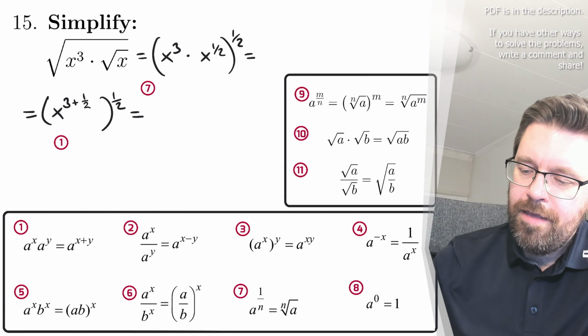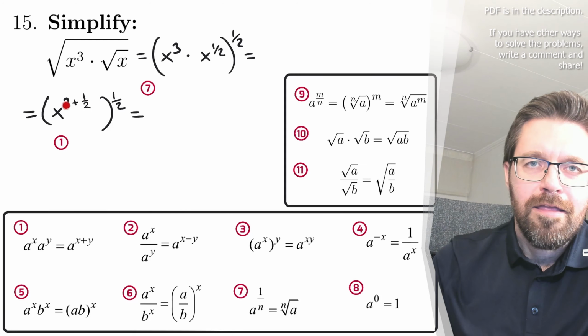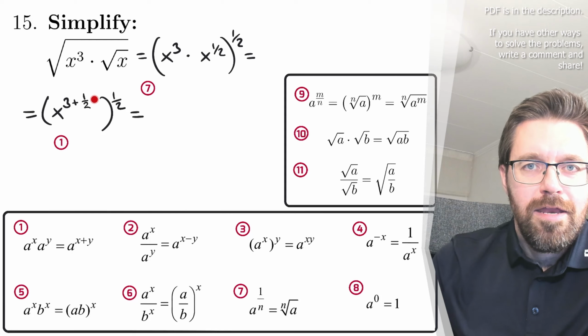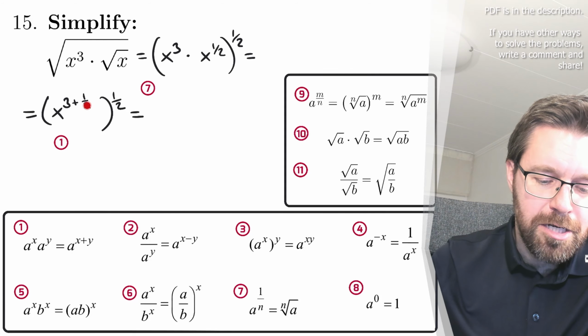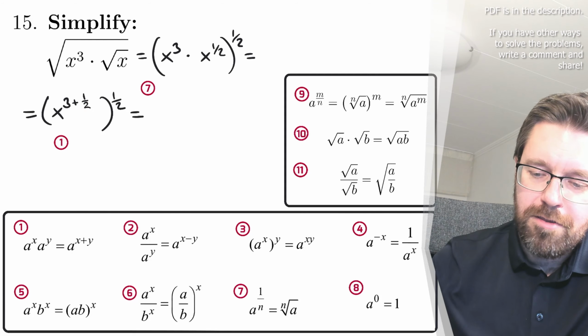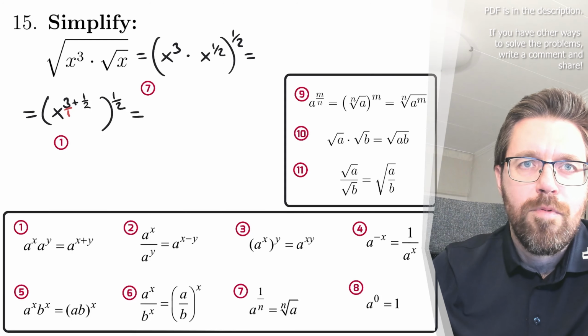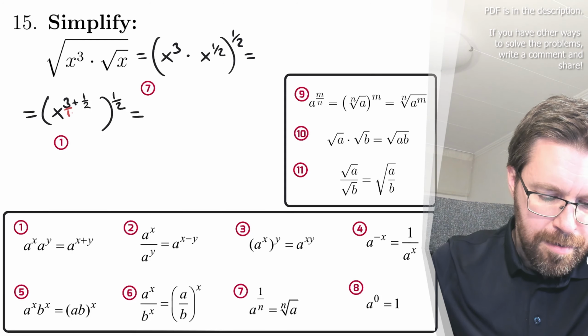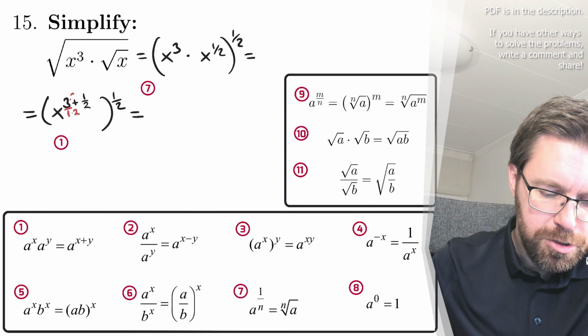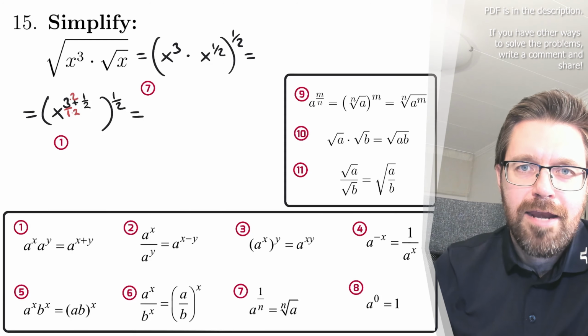And when we're working the sum here, we need to get the same denominator on both terms. So I write an invisible number 1 here, and then multiply it with 2 and 2 up in the numerator.